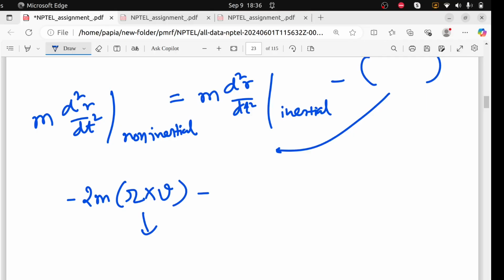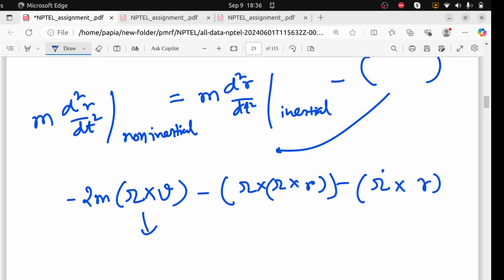One of the pseudo forces is the Coriolis force, and then another one is ω cross (ω cross r), and then there will be ω dot cross r.